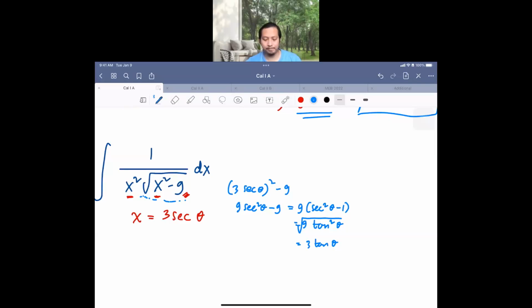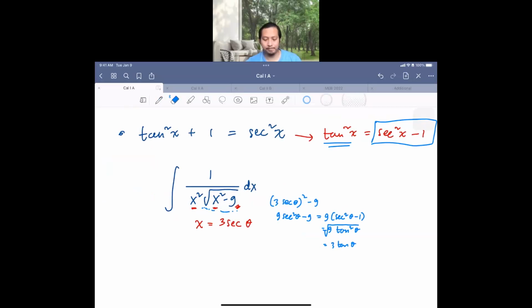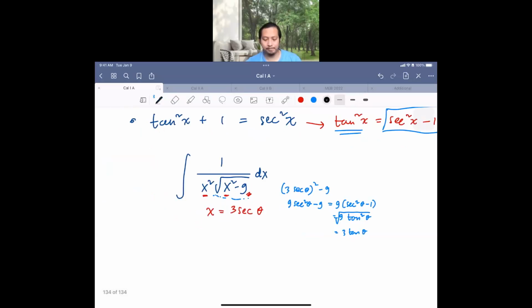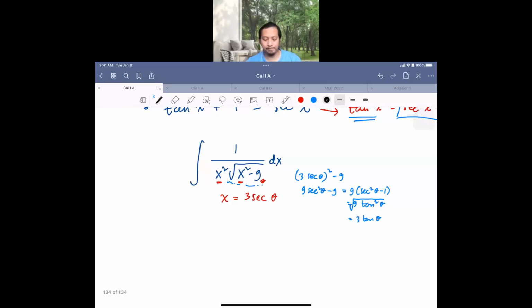Let me just write it here. If we let x equal 3 secant theta, and the dx, if we differentiate, will be 3 secant theta tangent theta d theta.